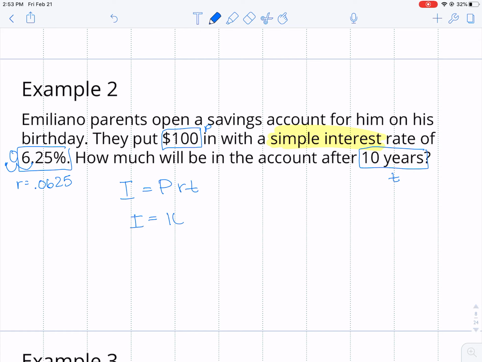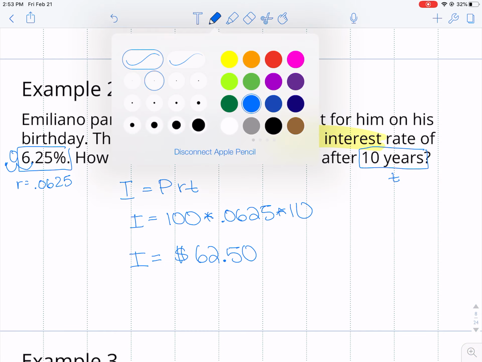If we plug in our numbers, it'll be 100 times 0.0625 times 10. And if you use your calculators to do that, it should give you $62.50.